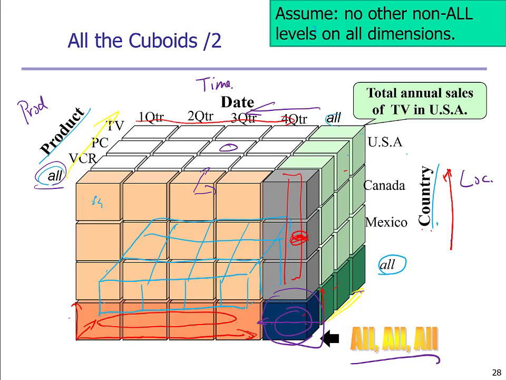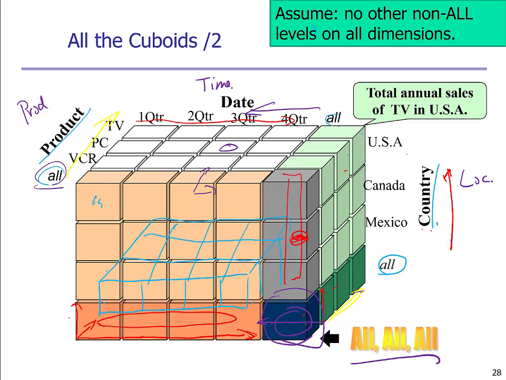Now, can we make this kind of assumption: if we have n dimensions, in this case we have 3 dimensions, but we could have more, and if for each dimension I give you a specific level, you should be able to create a cuboid corresponding to these level names across n dimensions.